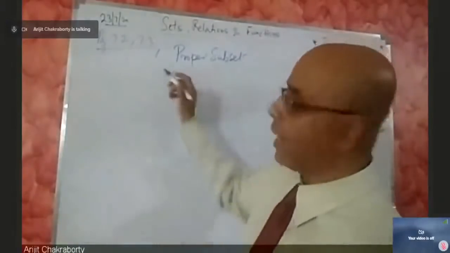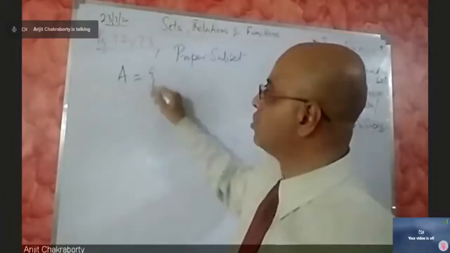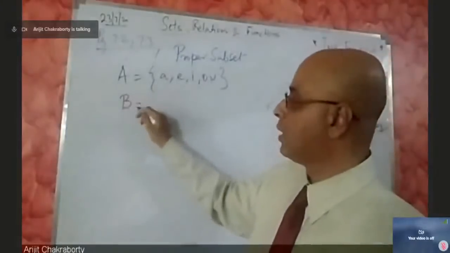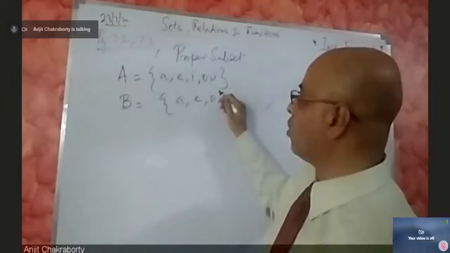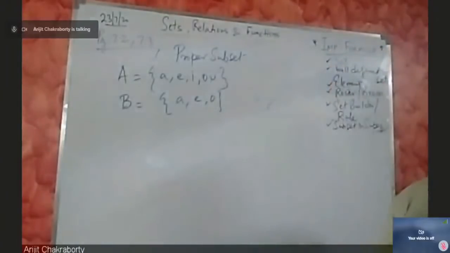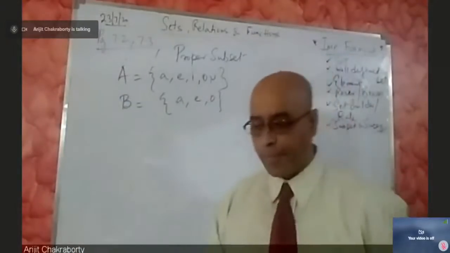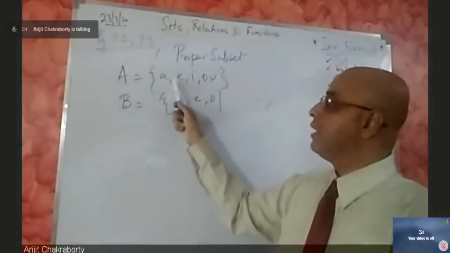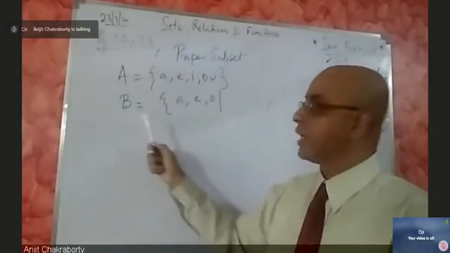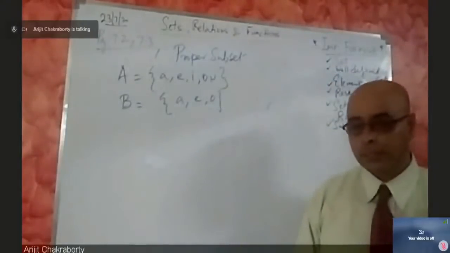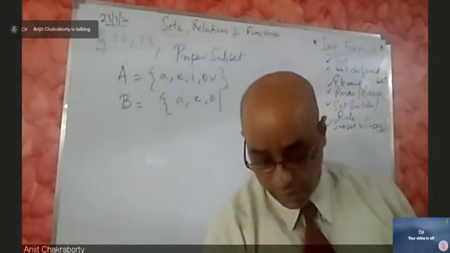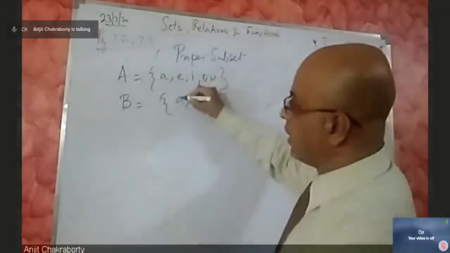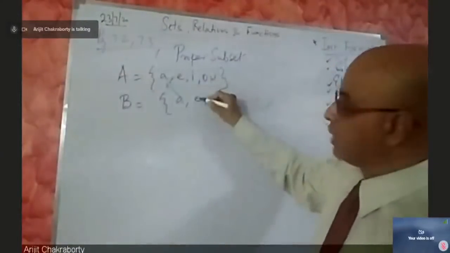Say, for example, I have 2 sets here. A equal to A, E, I, O, U. And we have set B, which is A, E, O. Please see the sets. Set A comprises the elements A, E, I, O, U. Set B comprises the elements A, E and O. Now the relation is such that you can see every element in set B is there in set A. A is there, E, the second element, is there.